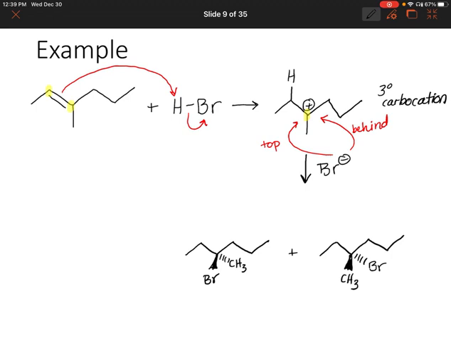All right. So what is the relationship between these two products? Are they constitutional isomers, enantiomers, or diastereomers? Enantiomers.